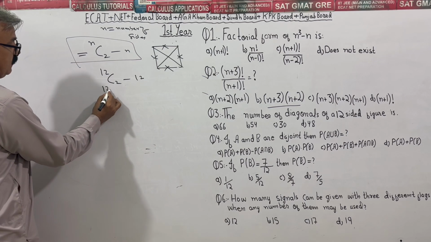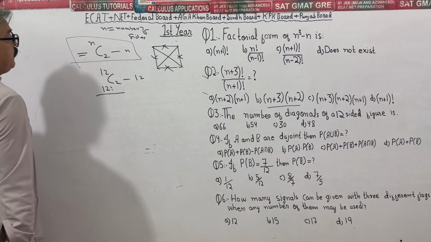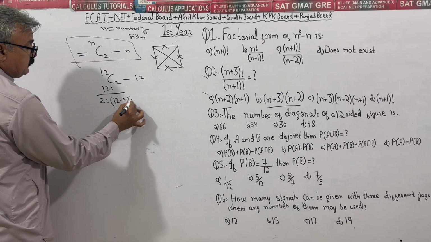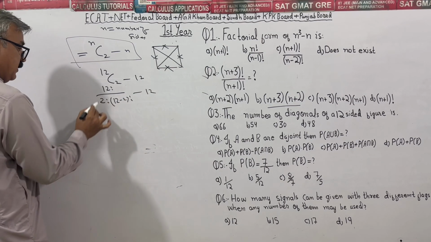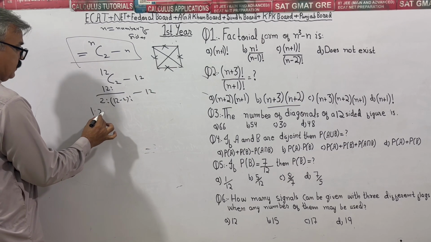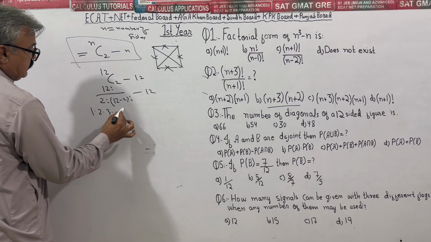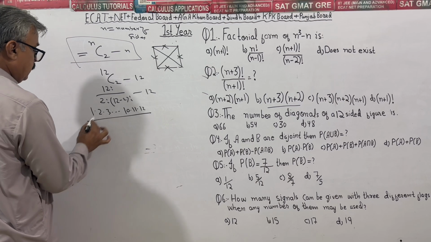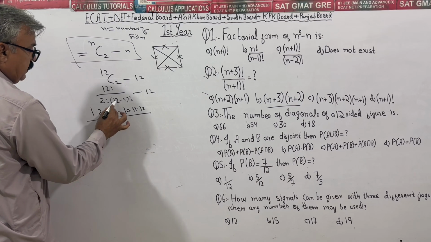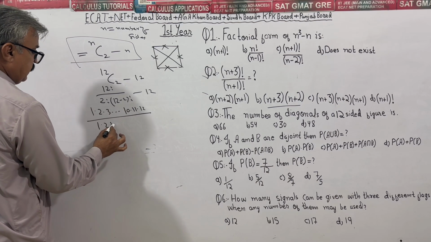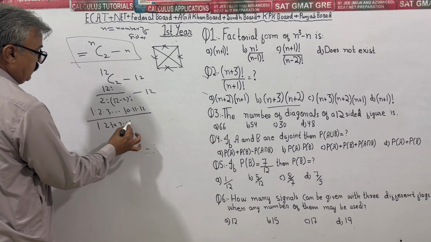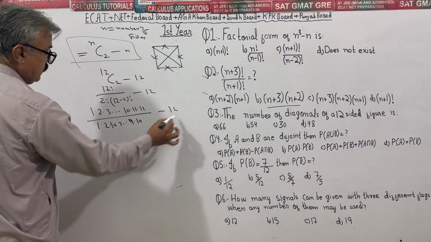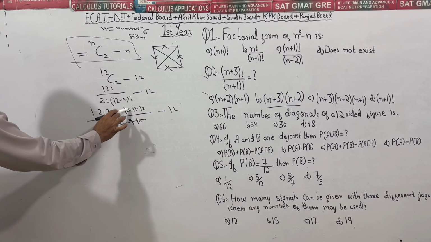Opening up the combination formula: 12 factorial over 2 factorial times (12 minus 2) factorial, minus 12. 12 factorial means 1 into 2 into 3 ... 10, 11, 12. 2 factorial means 1 into 2. 12 minus 2, 10 factorial means 1 into 2 into 3 up to 9 into 10, minus 12. Up to 1 to 10 cancelled out.